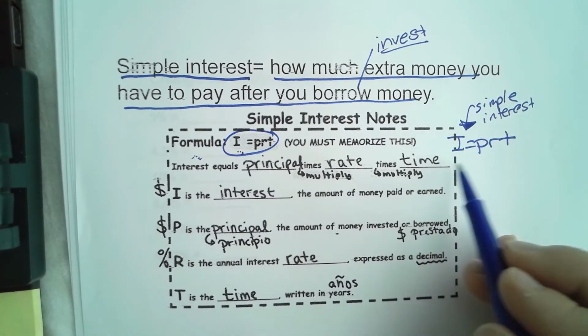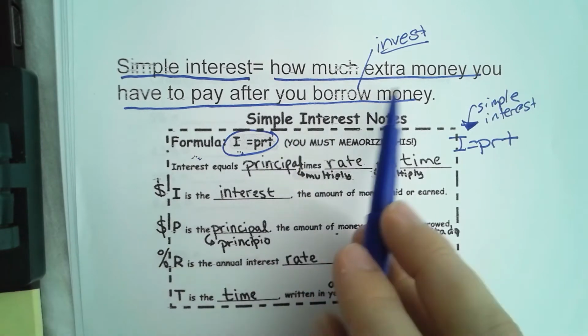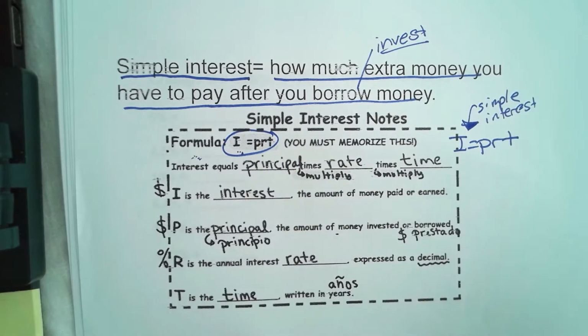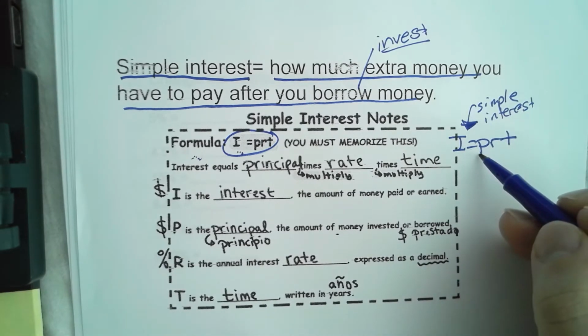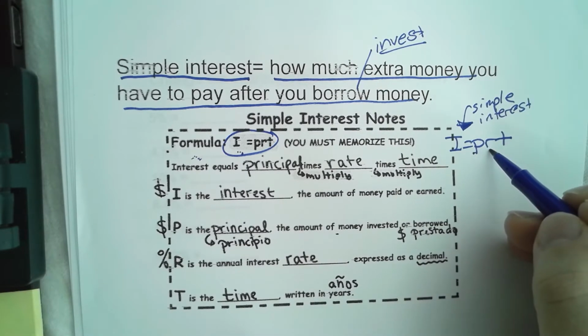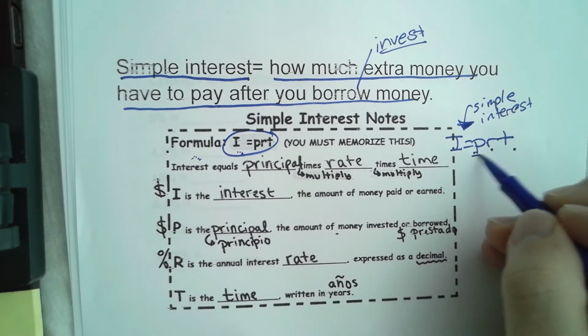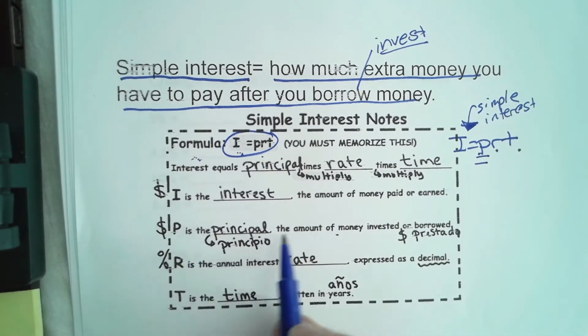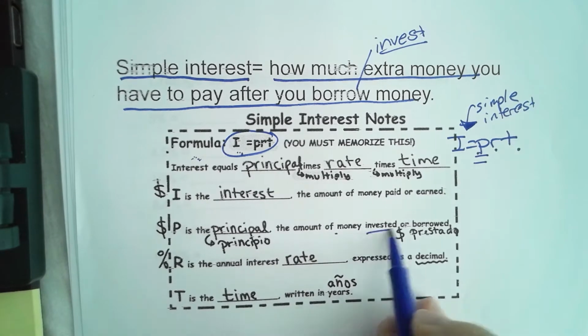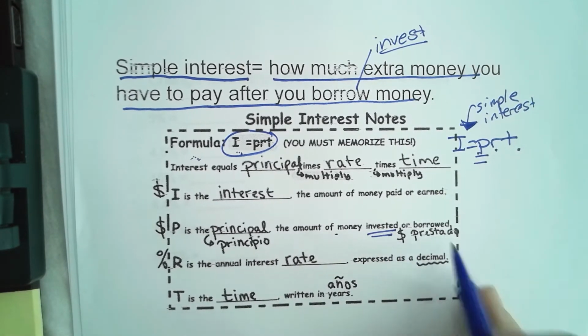The way we calculate interest, or the extra money you have to pay, or the extra money you invest and the money you get, you need to do principal times rate times time. P means principal. Principal is the amount of money you invest or you borrow.